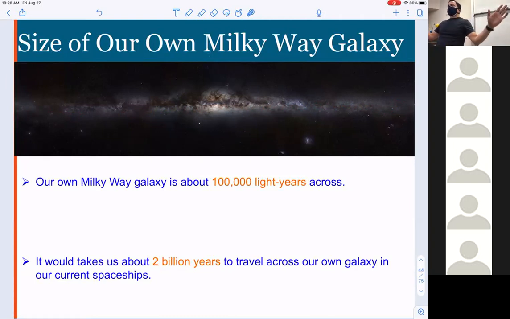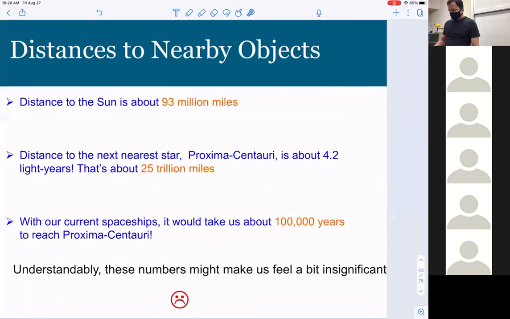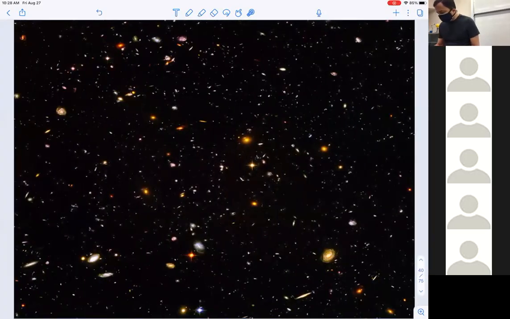That is how big our own galaxy is. And if you do the math with our current spaceship, 30,000 miles per hour roughly, how long would it take us to go across this galaxy? About 2 billion years, just to go across our own galaxy. And when you have done that, what you have accomplished is you have gone across this little dot in 2 billion years.